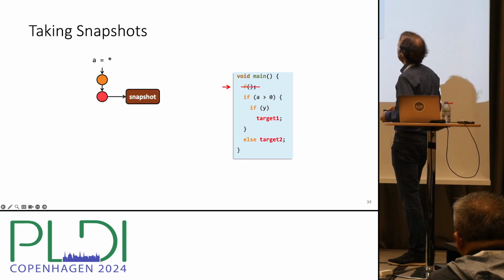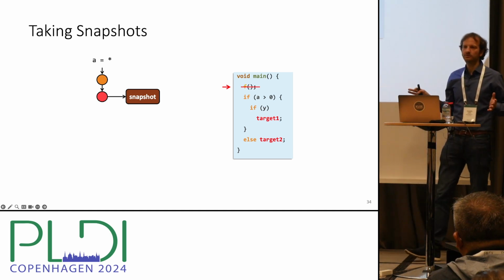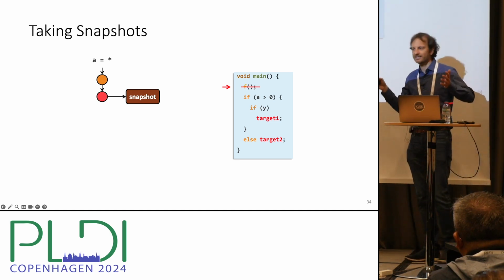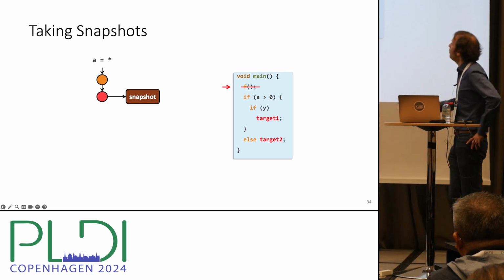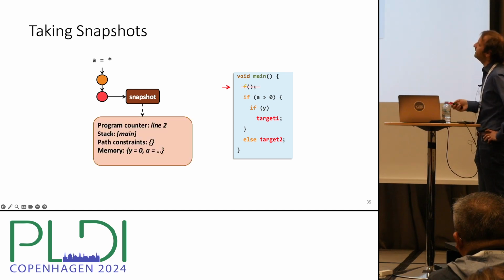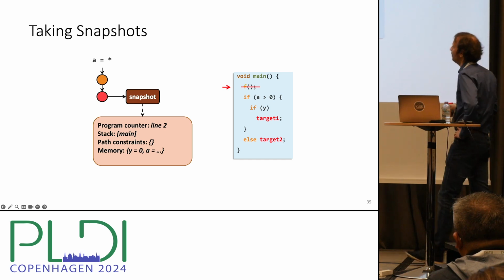My input A is initially anything. When I reach F, I just skip that code, which could be hundreds and hundreds of lines of code and could have a huge number of paths, often exponential in the number of branches. I skip it, but I do take a snapshot at that point so that I can resume execution later if I need it. I remember the program counter, the stack, the path constraints, and so on.